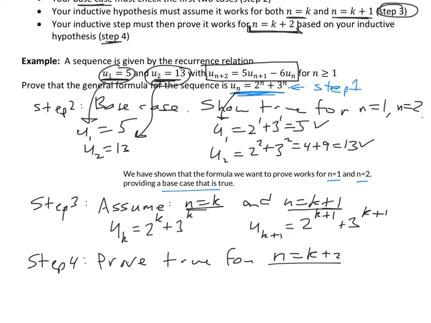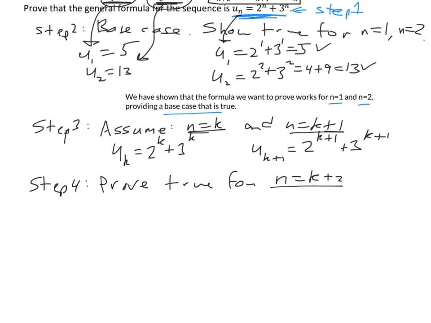I like to do that by writing down the thing we're going to be trying to prove. So the thing I'm trying to prove is that u sub k plus 2 is going to be equal to 2 to the k plus 2 plus 3 to the k plus 2 power. That's what I'm going to be trying to prove.